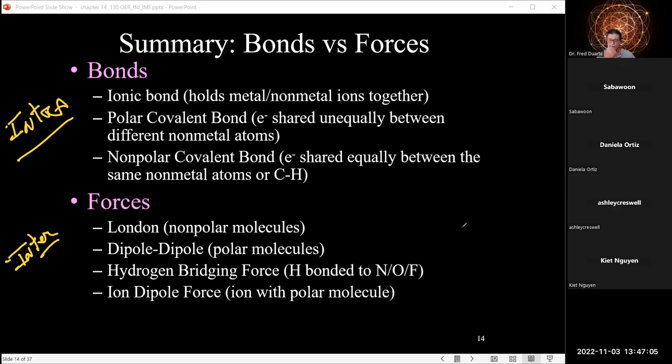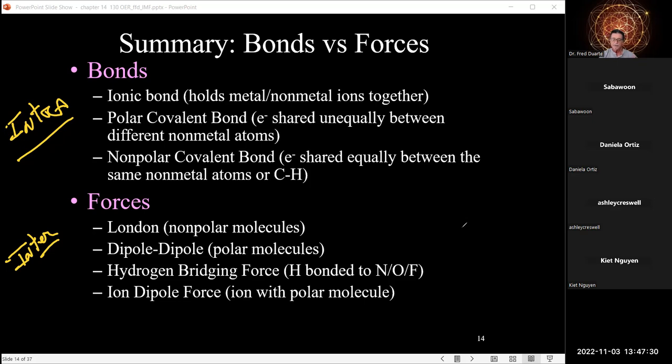Basically what we're looking for is that simple definition: an ionic bond is a combination of a metal and non-metal, whereas a covalent bond is a combination of two nonmetals that are sharing the electrons either equally or non-equally. So we got ionic bonds, metal-nonmetal combination.